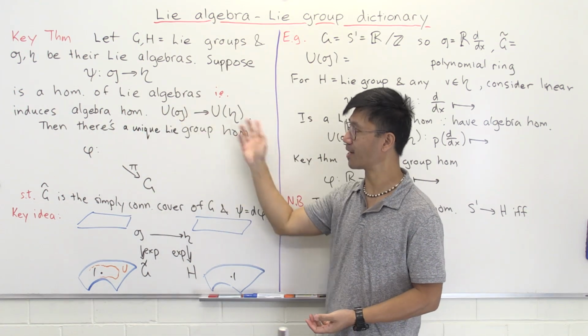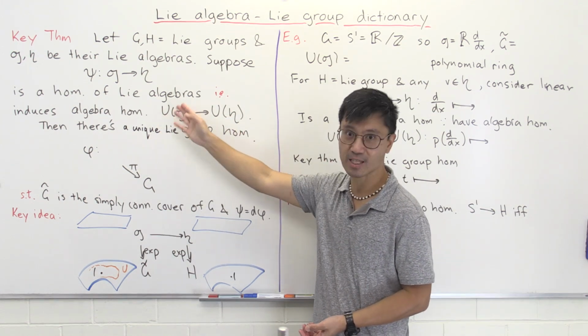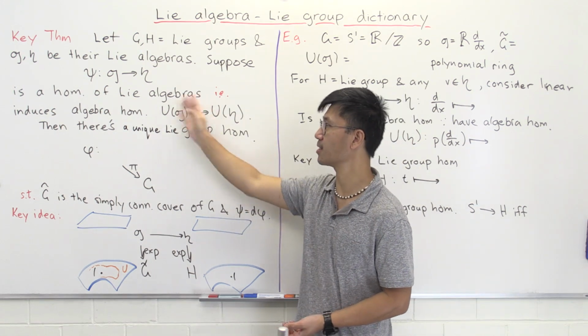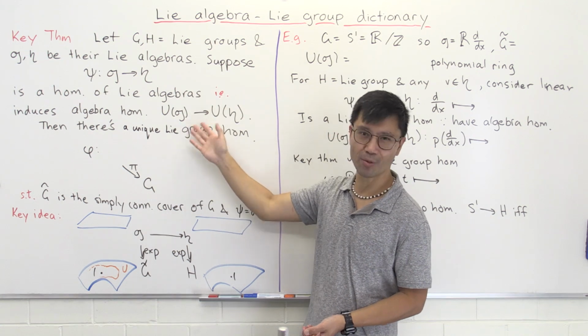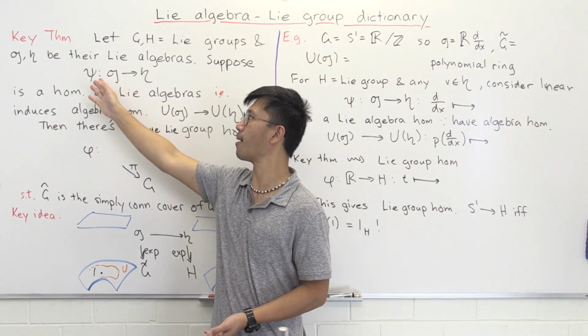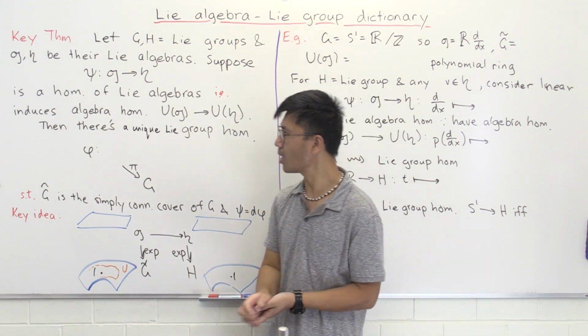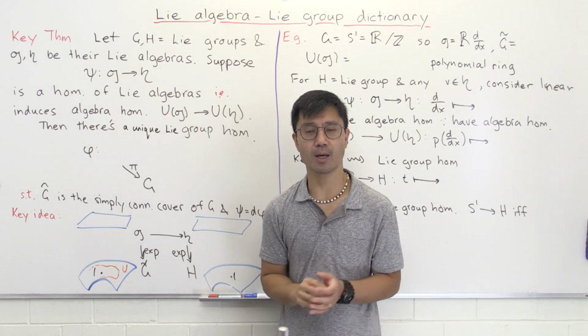To check that it actually does give you an algebra homomorphism, you need to check that the relations in these generators get sent to 0 here. And of course, if you figure out what that means, it just means that this map psi preserves the Lie bracket.